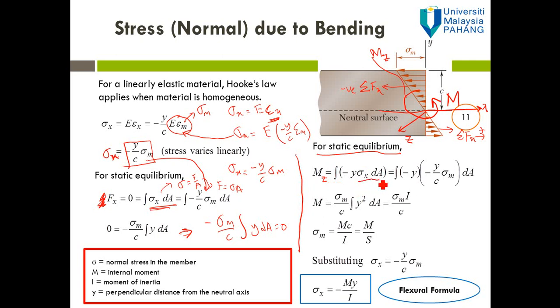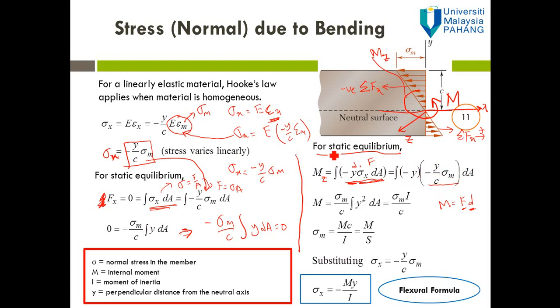Sigma dA actually is the force and y is the distance, because the moment is equal to F times d, where d is the distance and F is force. For this case, force is sigma x dA and distance is y. So we substitute the value of sigma x here, and the equation becomes minus y multiplied by minus y over c sigma m.